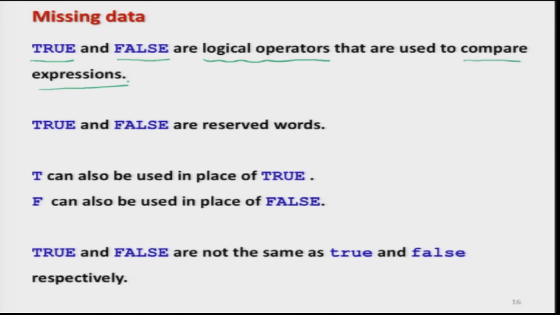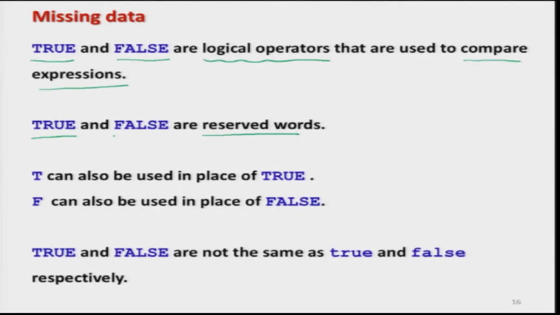We know that in mathematics there are two types of operators, mathematical operators and logical operators. For example, if I say 5 is more than 3, this is true, but if I say 5 is smaller than 3, then it is false. Here I just want to know the answer in terms of true and false. I am not interested in how much larger or smaller it is. So these are our logical operators.